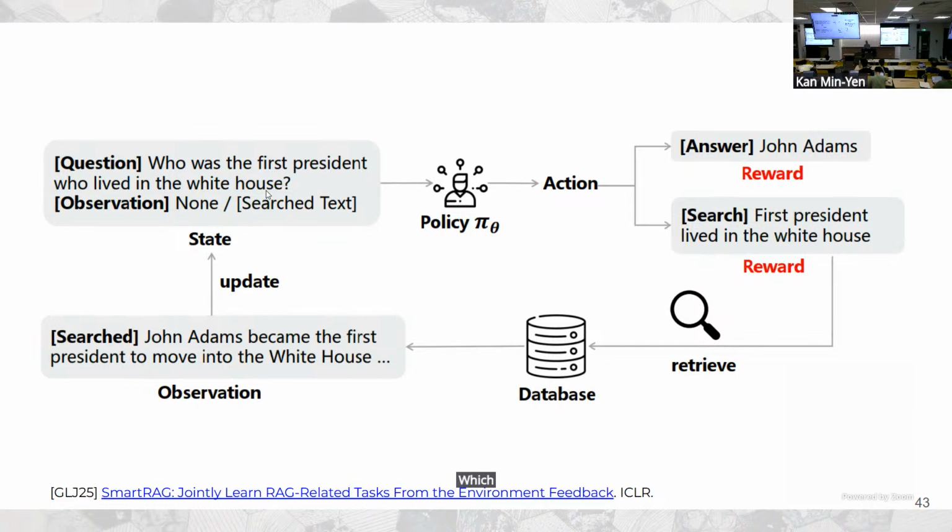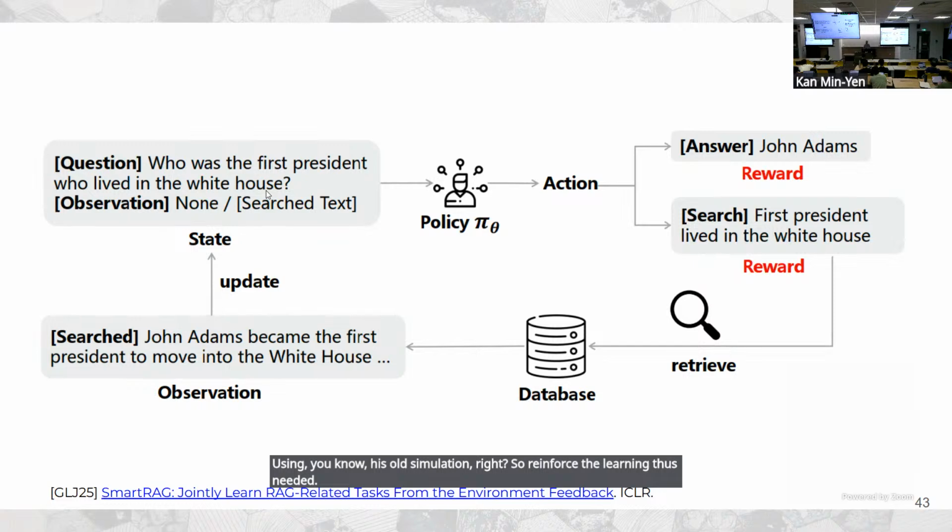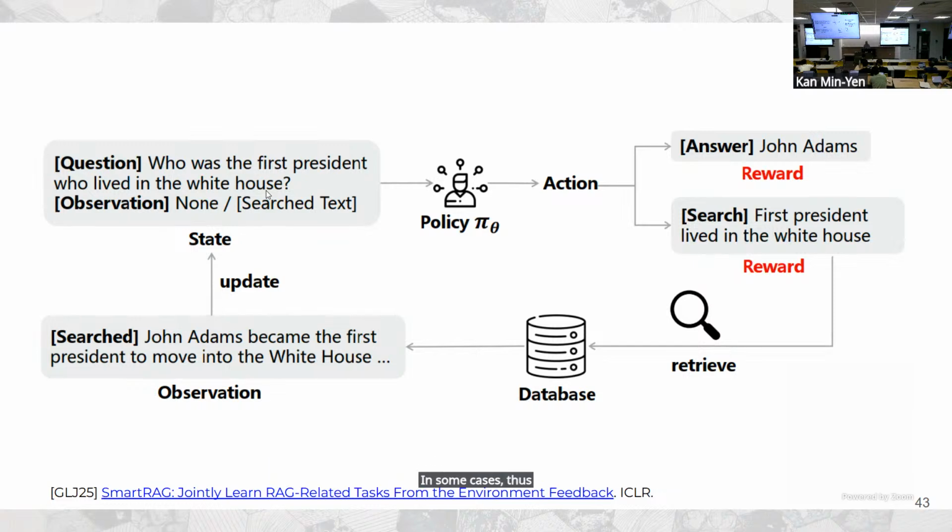So you can answer the question of what to search for or when to search for using its own simulation. Reinforcement learning in some cases doesn't need a direct reward signal. You can generate this from a proxy.